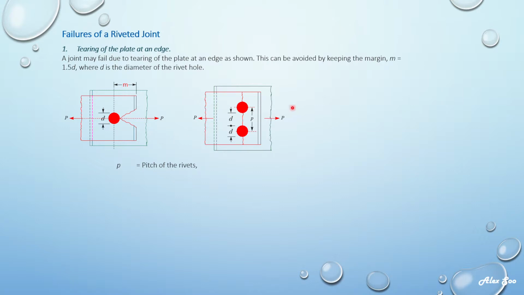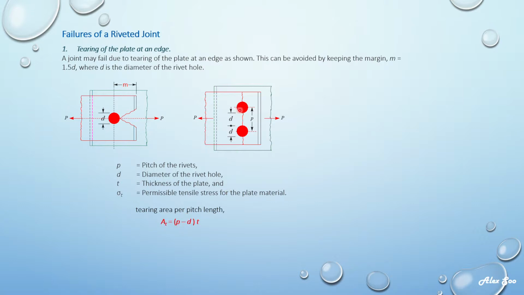Here P is the pitch, D is the diameter of the rivet hole, t is the thickness of the plate, and sigma t, where the subscript t represents tensile, is the tearing stress or tensile stress. Then the tearing area is the section which is being torn per pitch length.